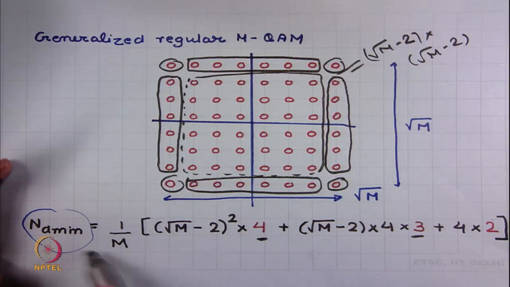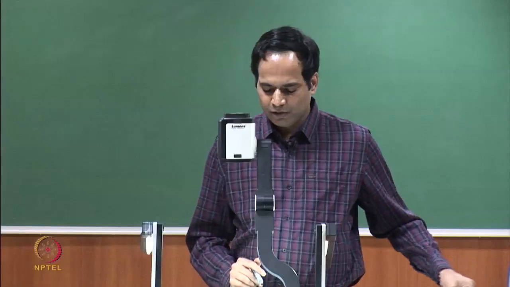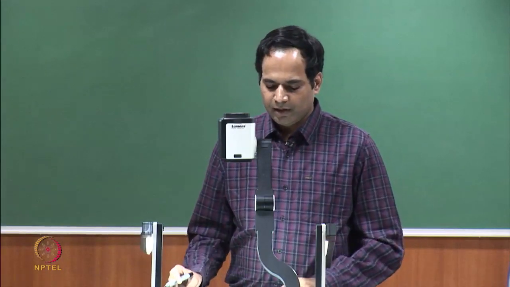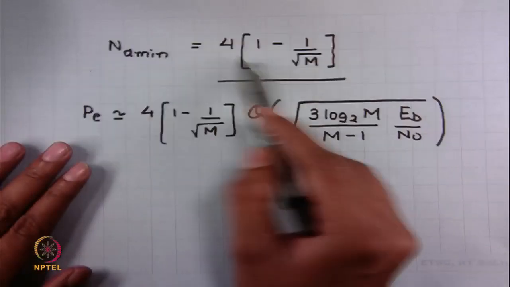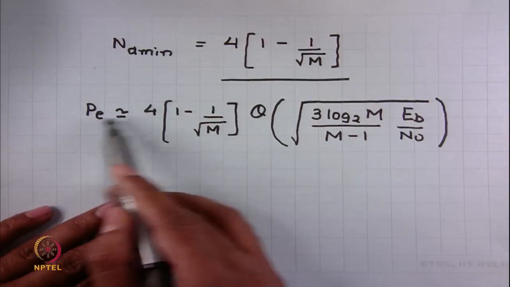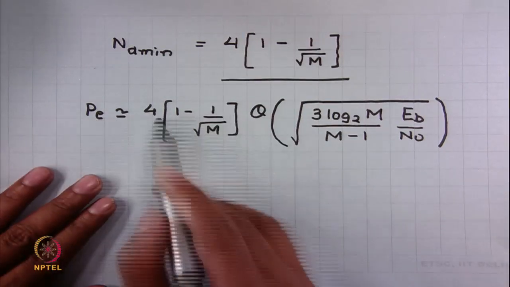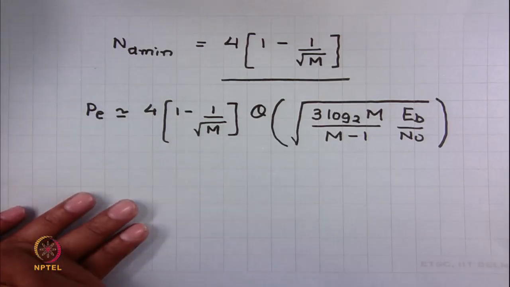So, the average number of nearest neighbors can be calculated by carrying out this arithmetic, and you can easily do this yourself, and we get the average number of nearest neighbors 4 times 1 minus 1 by root M, and thus the probability of error in M-QAM, where we are assuming square grid constellation.